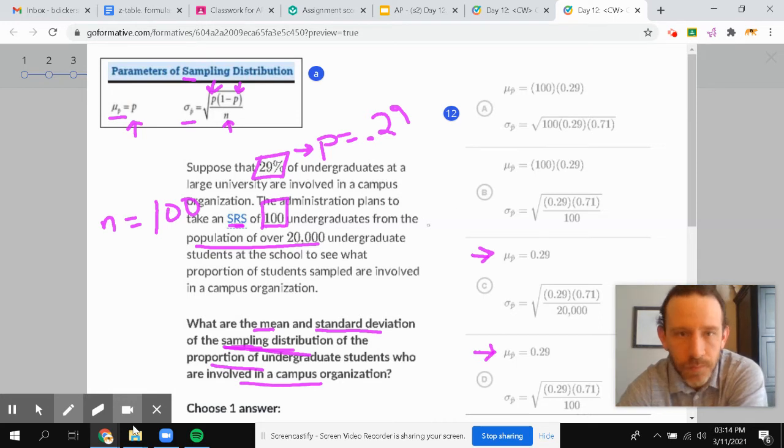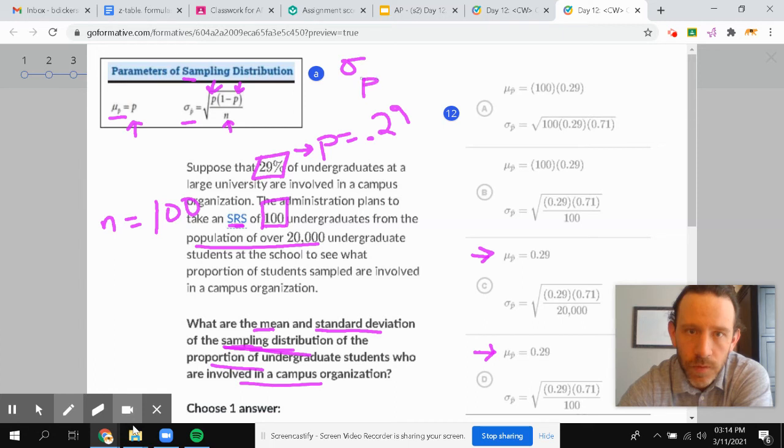All right. If I'm going to write out the standard deviation, right, the square root starts with P, right? P is 0.29 times 1 minus P, which is 1 minus 0.29.